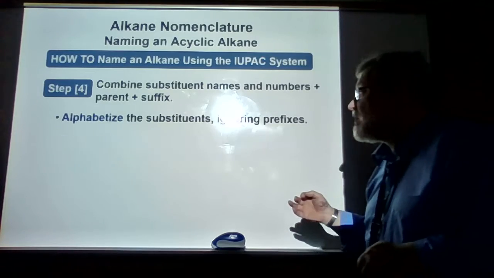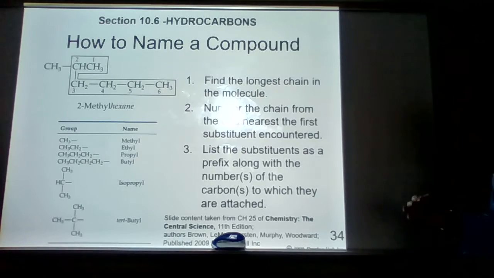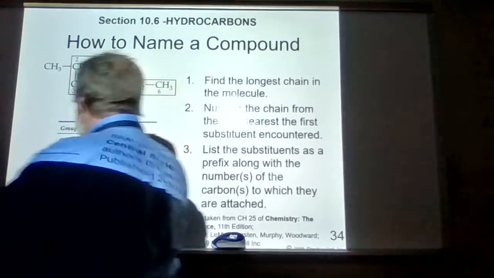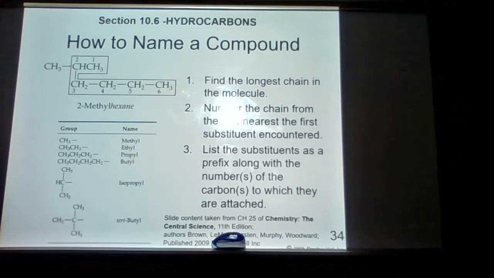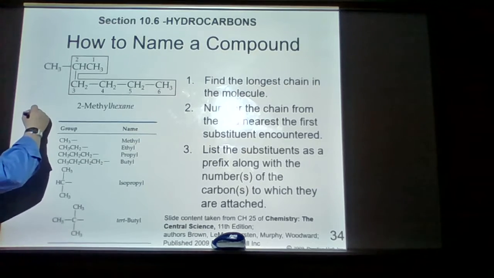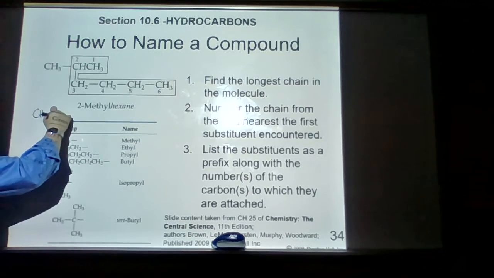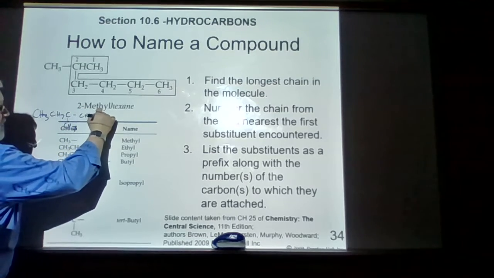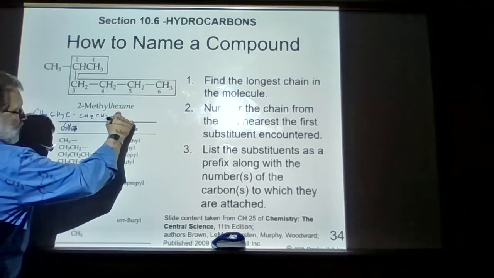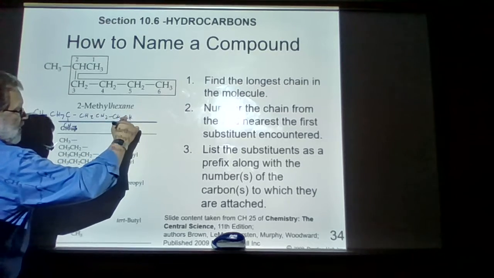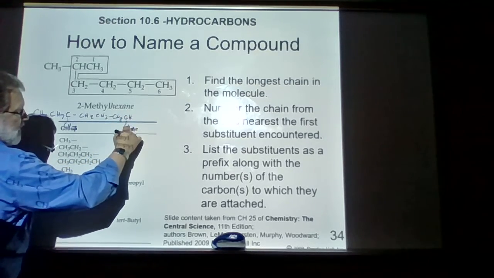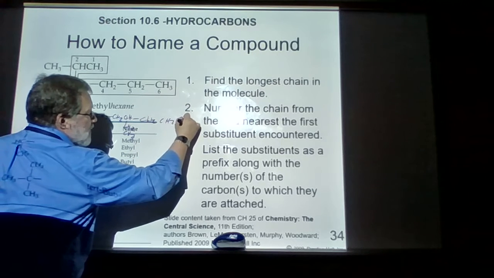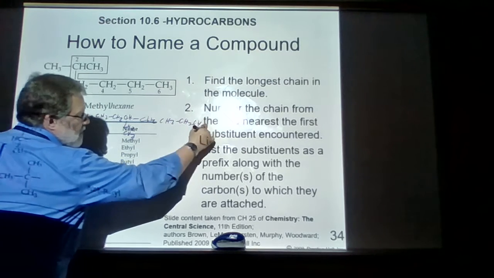If we have more than one substituent, let's say we had, make sure I'm not in the blind spot, okay, CH3, CH2, CH3, CH2, CH2, CH2, CH, CH2, CH3, CH2, CH2, CH2, CH3.